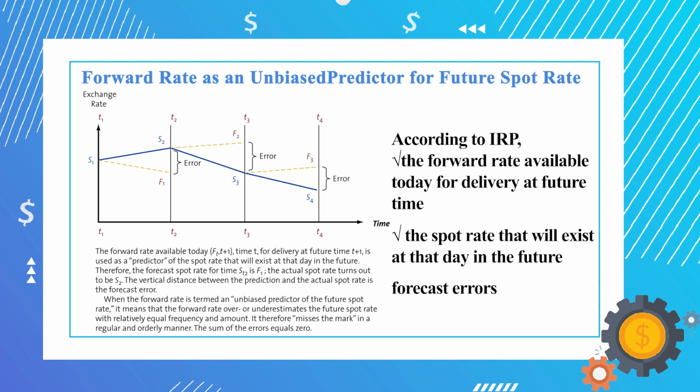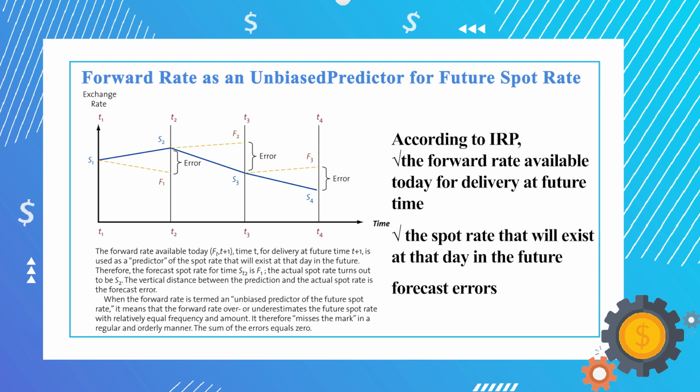This is roughly equivalent to saying that the forward rate can act as a prediction of the future spot exchange rate, and it will often miss the actual future spot rate, but it will miss with equal probabilities, in both directions and magnitudes.